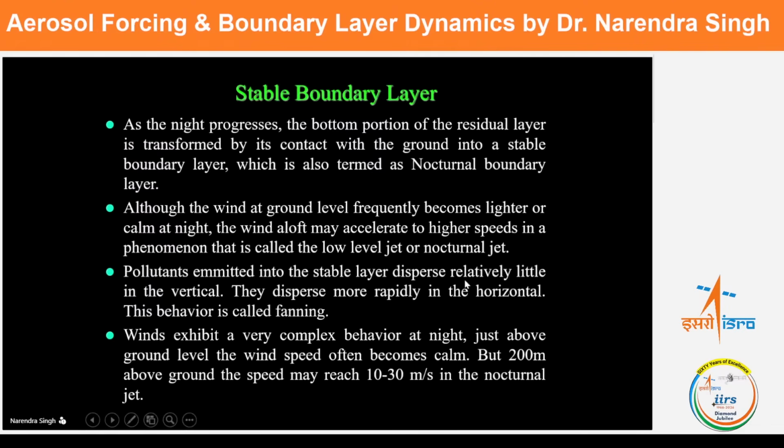So these are the features of the stable boundary layer in the winter, basically, when solar radiation cannot penetrate to the surface of the earth. This stable boundary layer forms there, and mostly it remains for days together in the winter time, night and day mostly the same.